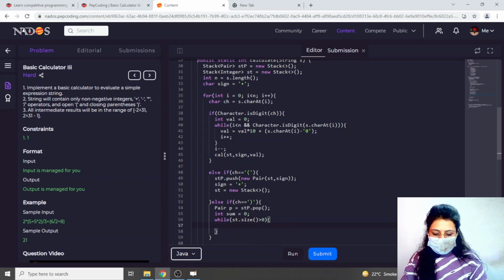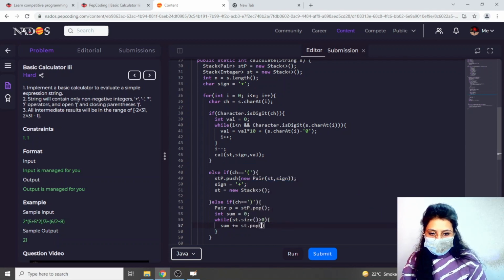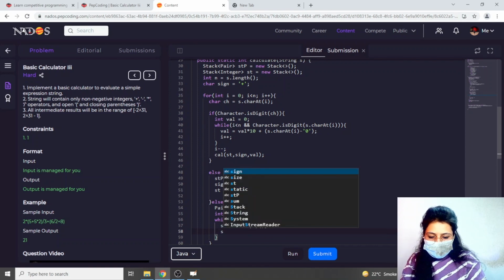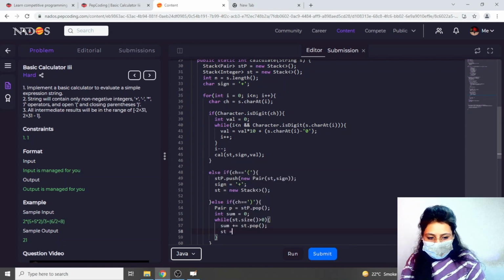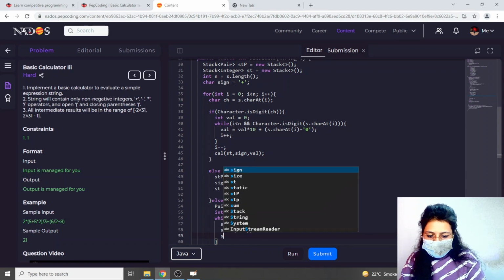What we will do is we'll update our sum by popping out the values from stack, and st will be equals to p dot stp, update the values of stack, and sign equal to p dot sign.